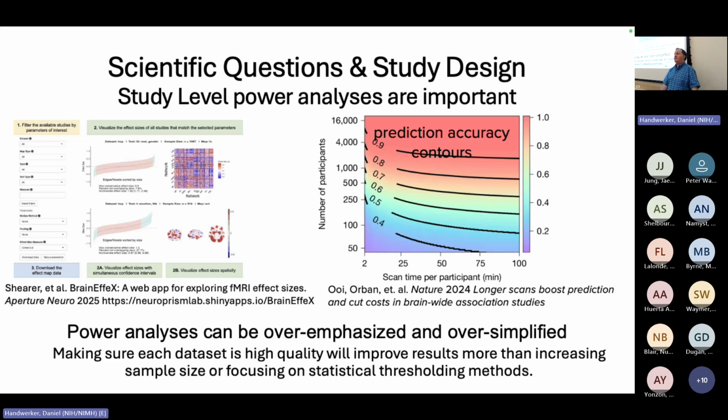The big thing I want to emphasize here is power analyses, like I said, are important, but they can be overemphasized and oversimplified. fMRI is noisy data. Everything you do to make your data less noisy is going to give you better results.